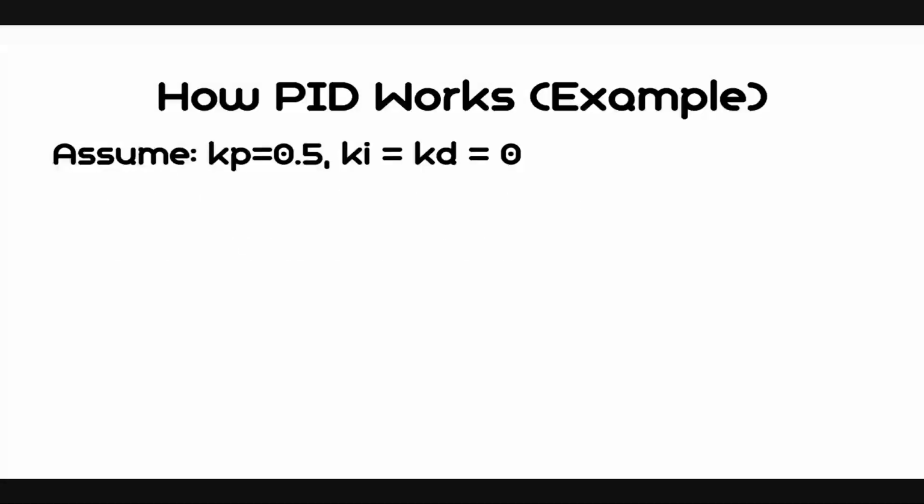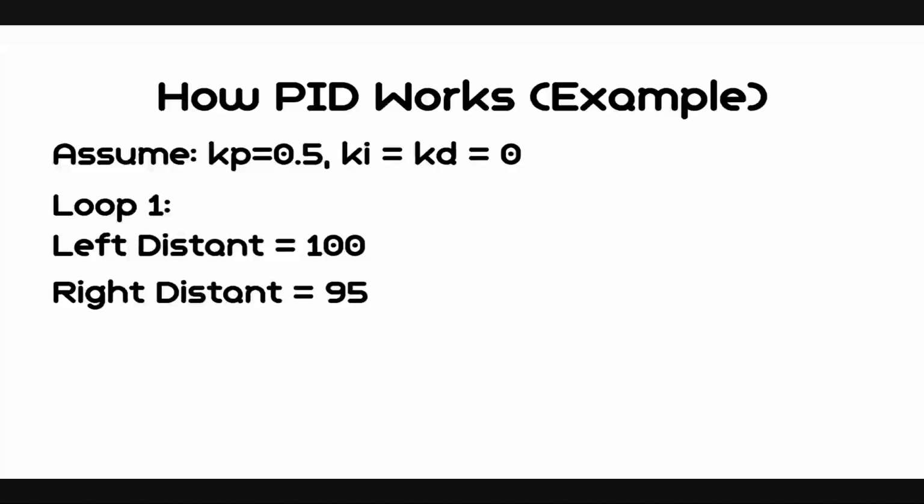And here's a simple example. Assume that Kp equals 0.5, and Ki and Kd equal 0. We're using just simple proportional for now, so we can keep it very simple to calculate by hand. In loop 1, left distance equals 100 and right distance equals 95, so error equals 5.